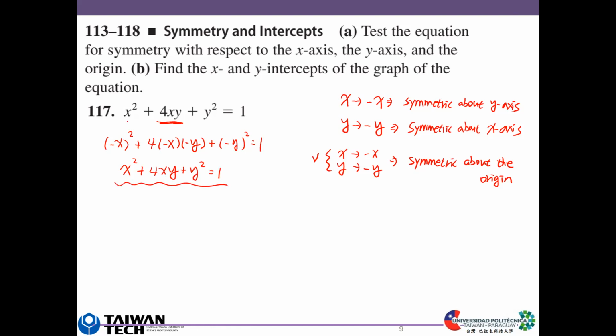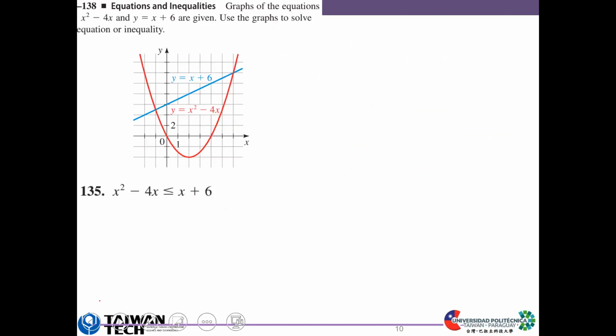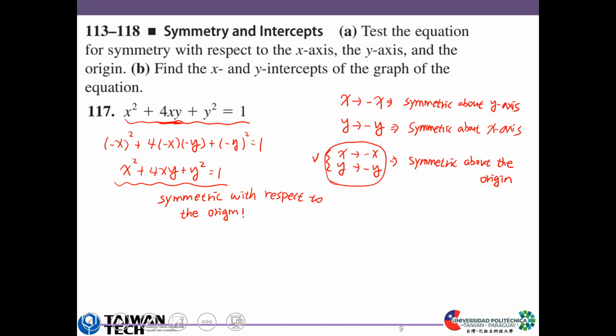It is unchanged. So if the equation is unchanged by replacing x with minus x and y with minus y, it means this is symmetric about the origin, or you can say symmetric with respect to the origin. Okay, so this is the answer for problem A.